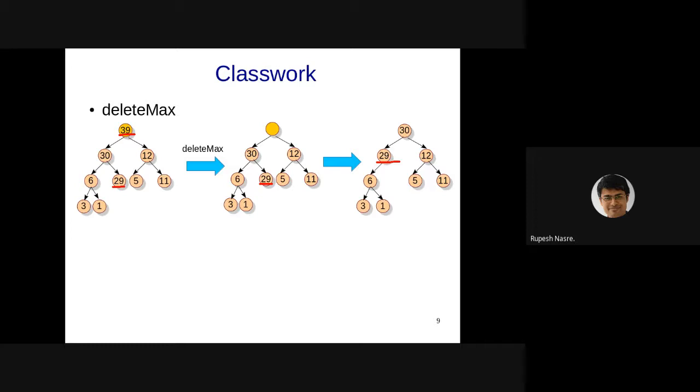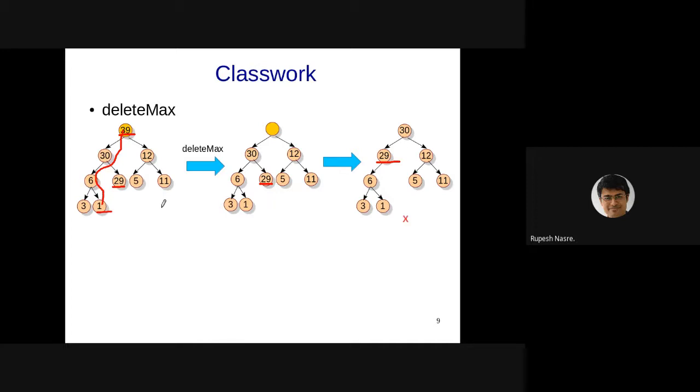But if I remove 1, then the structural property is not violated. So what I could do is find out from 39, and then there is this 1, and there is this nice path. If I can percolate the hole down to that 1, then there is a possibility that I will not dissatisfy the structural property, and that is precisely what happened in the previous example. Right? So let's try that.